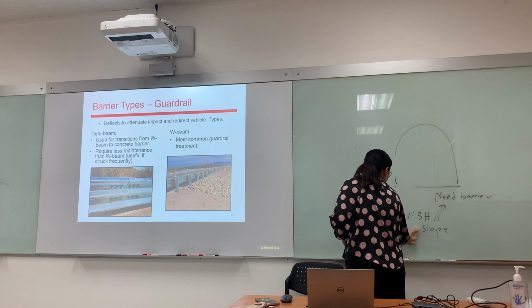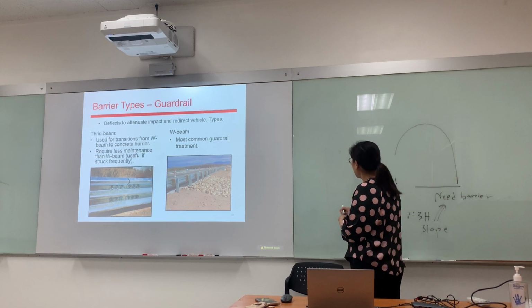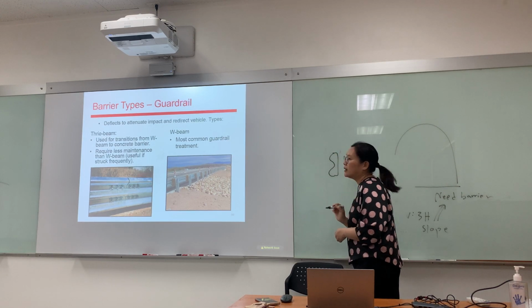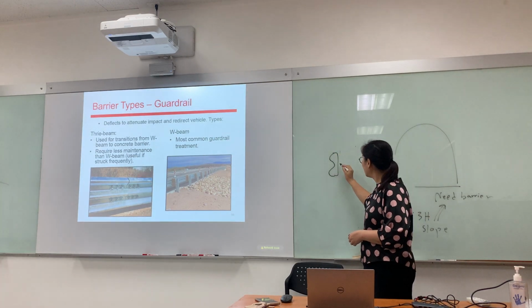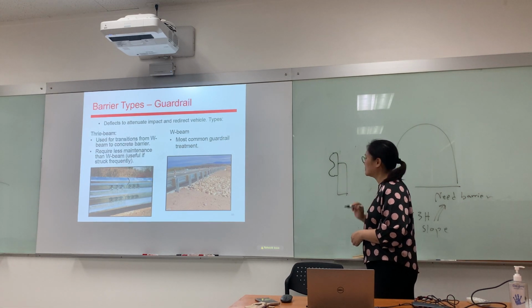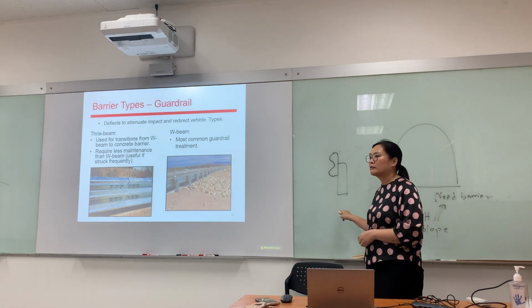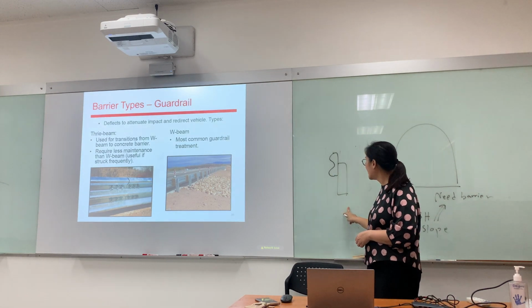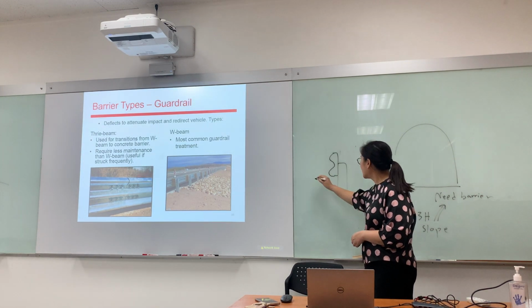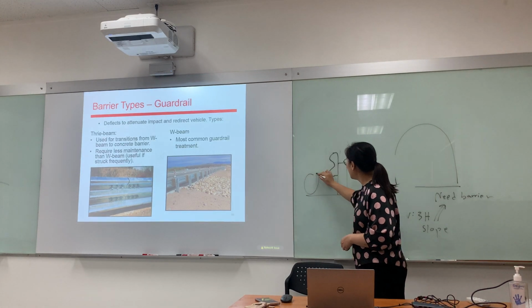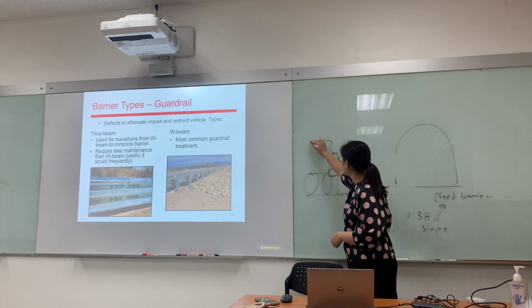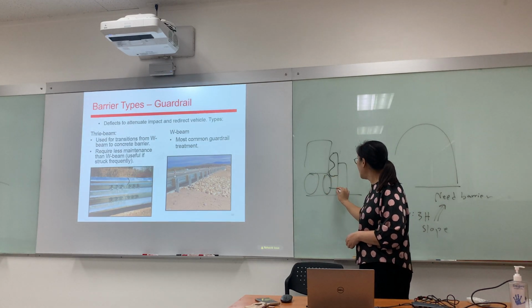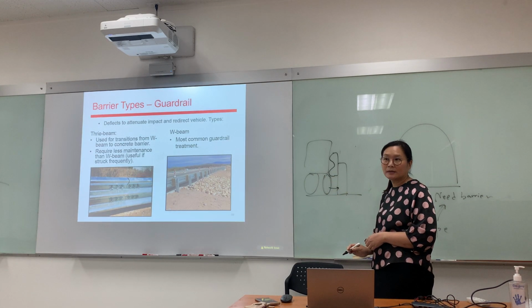The normal guardrail that you can see nowadays is W-beam. This is W-beam without the block out. It's very weak, not so strong. Why is it not so strong? Because if the vehicle hits the guardrail, the wheel will impact the post.